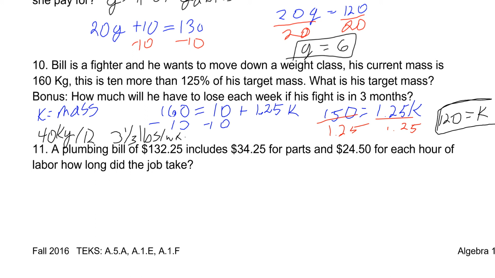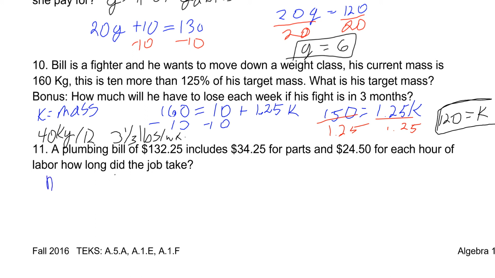So, a plumbing bill of $132.25 includes $34.25 for parts and $24.50 for each hour of labor. How long did the job take? Alright, so let's see. We're going to say M equals hours.